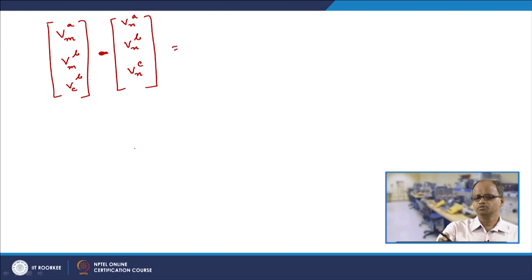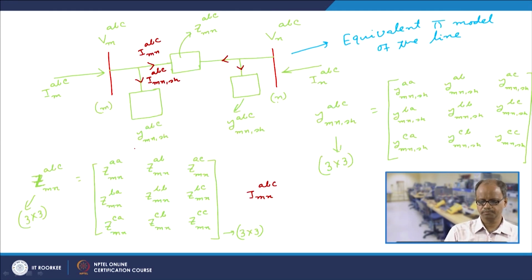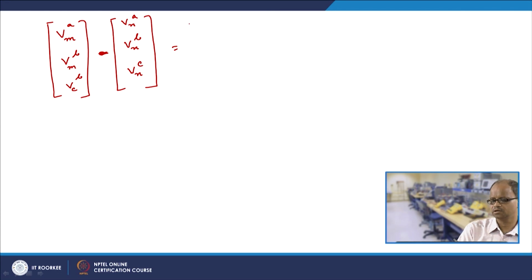That is obviously given by, so this voltage minus this voltage would be given by the total drop in this series branch, and this total drop in the series branch would be given by Zmn ABC.